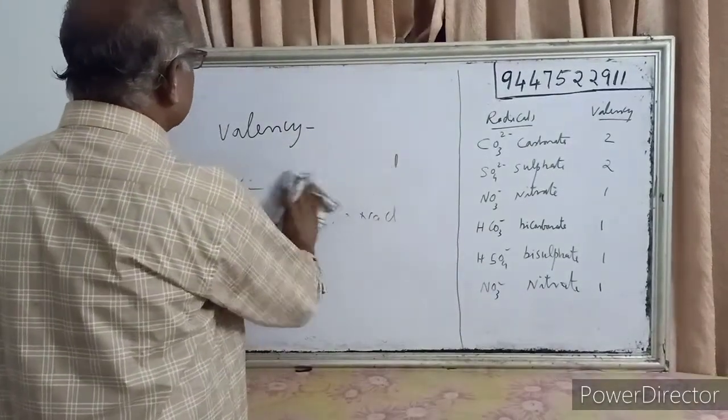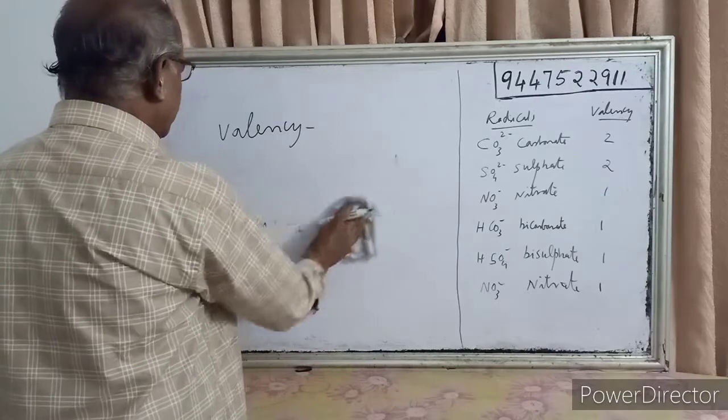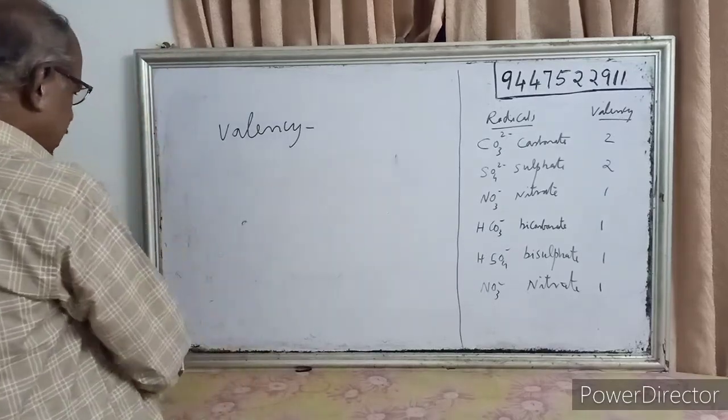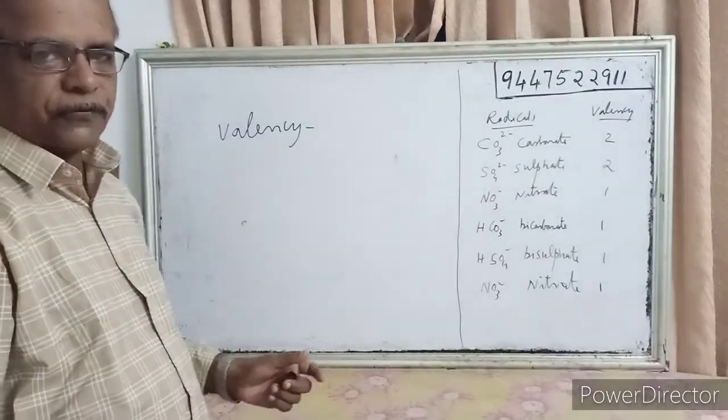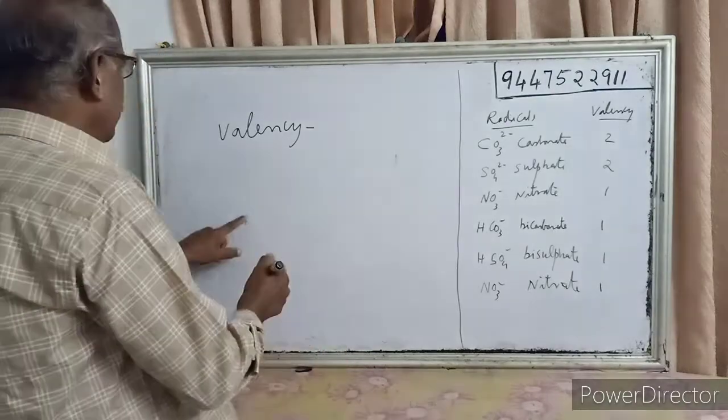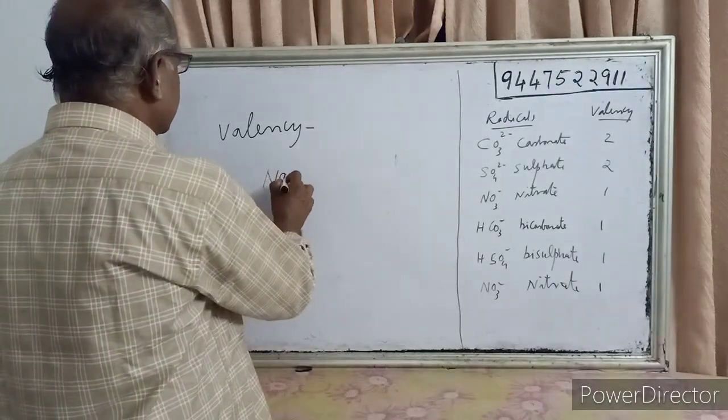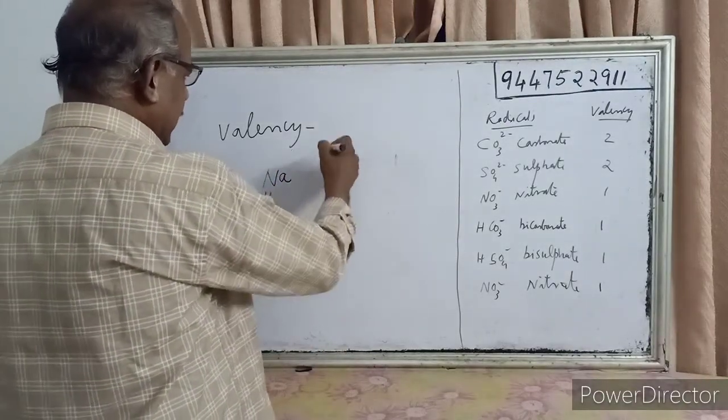For that, you need to know the atomic number of an element, for example, the atomic number of sodium is 11. So what is atomic number?